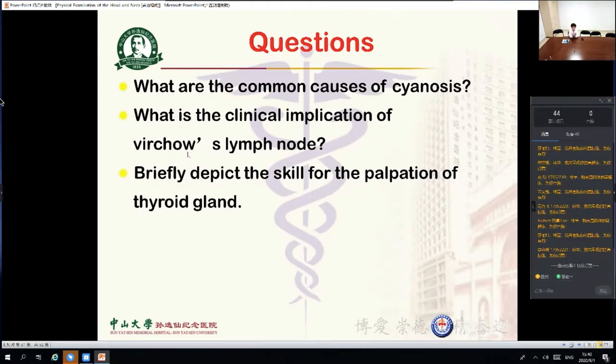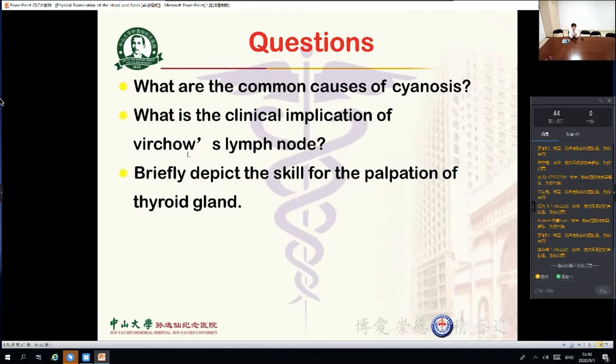And also, we need to know the clinical implications of some pathological situations or findings, and to know how to perform the auscultation for the other body parts.